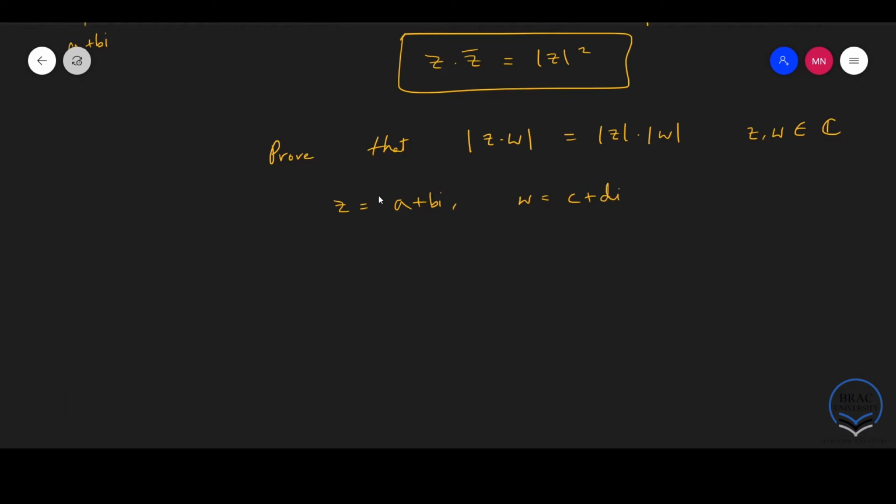So if I find the product of z and w first, I have a plus bi times c plus di, and if I expand this out without showing this explicitly, I should get ac minus bd plus ad plus bc i, right?